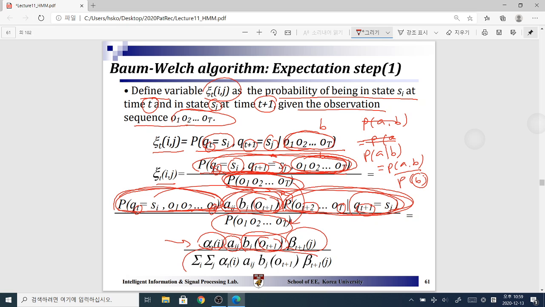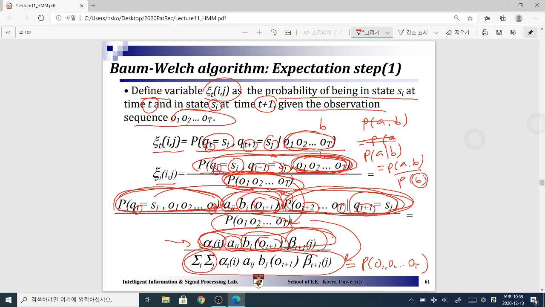The denominator is the same as this, which happens to be essentially double summing over i and j of the numerator, because when you do the double summing over i and j, that gets rid of all the possibilities of state i and state j, and just leaves the probability of the observation sequence. In other words, this is the same as the probability of the observation sequence.